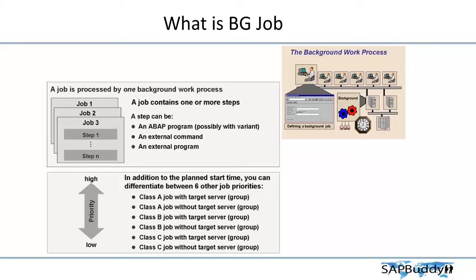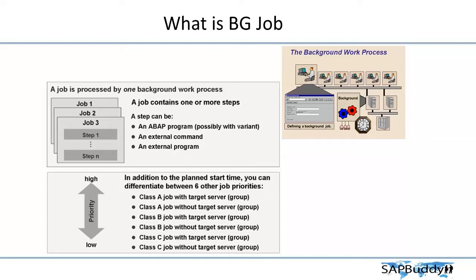How do we handle that? For that, we can create something called variants. The variants can be saved in these programs so that the program can run with the variant to provide the output you want based on the selection criteria.